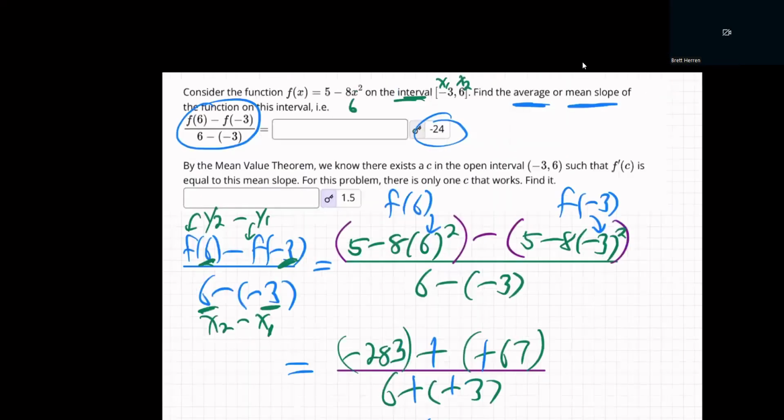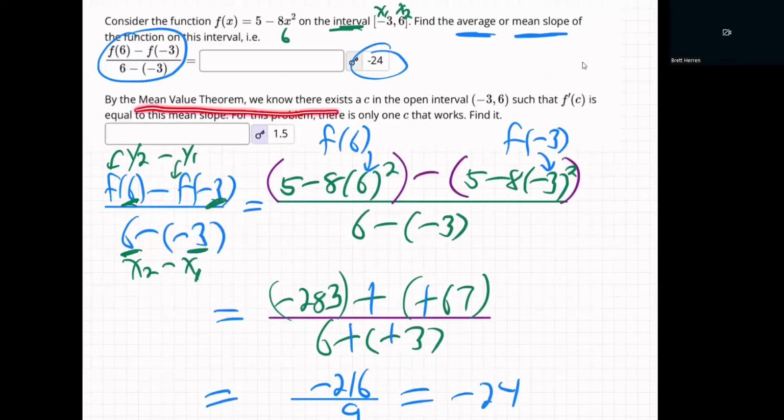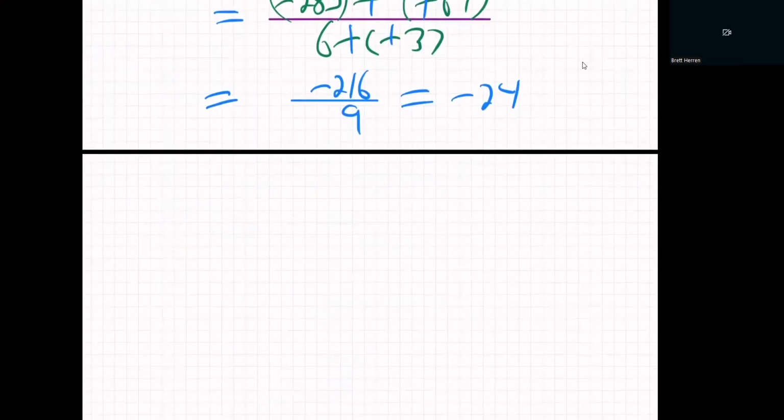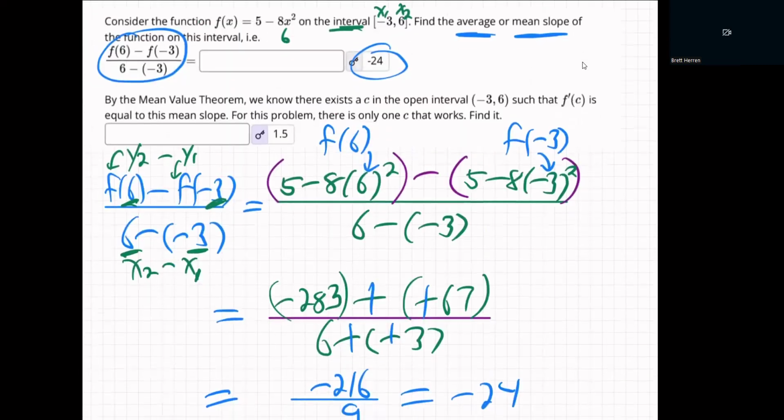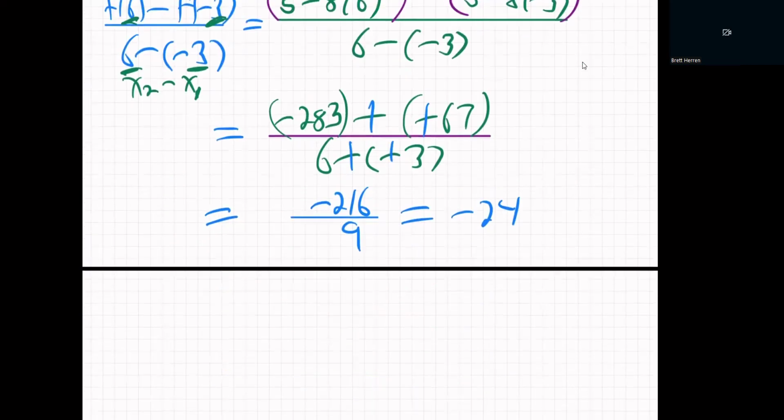Now part 2 says by the mean value theorem, we know there exists a c in the open interval minus 3, 6 such that f prime of c is equal to the mean slope. Find the c. The mean means average.